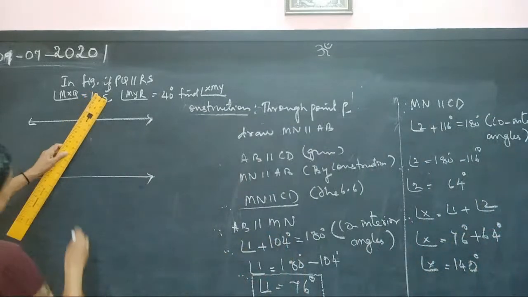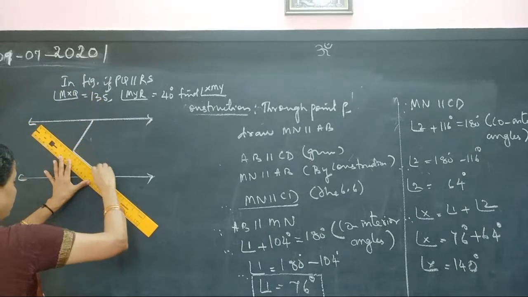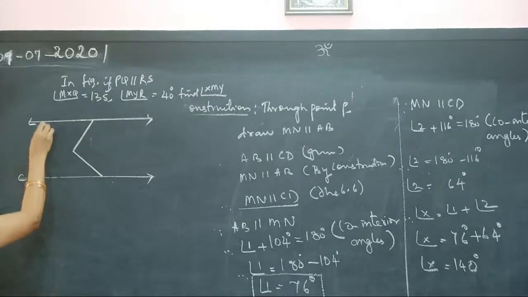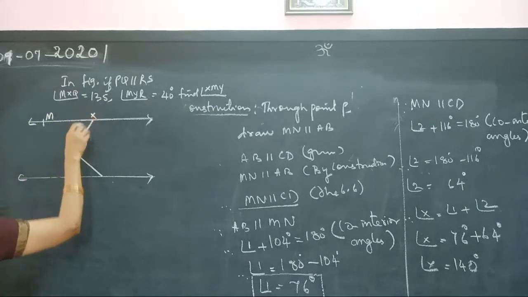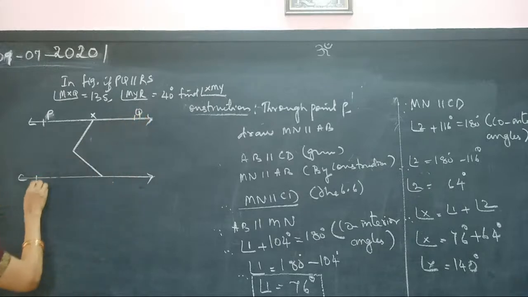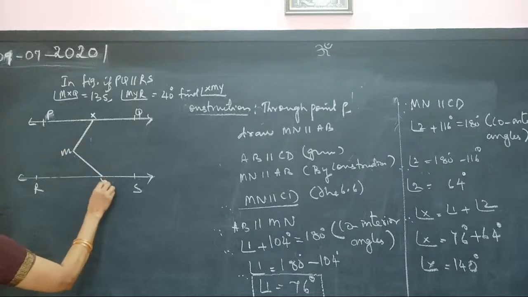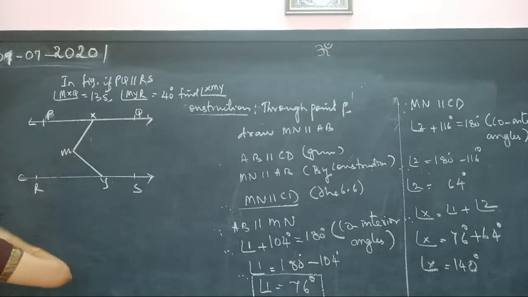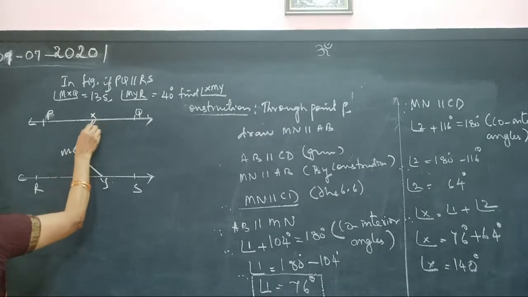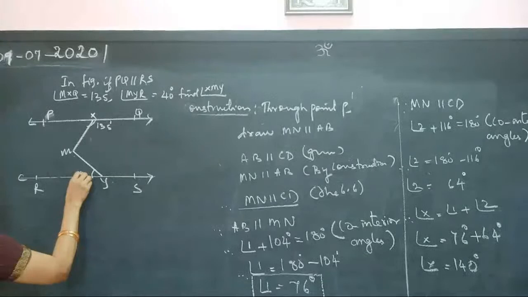Figure. PQ is parallel to RS, where MXQ is 135 degree, MYR is 40 degree.